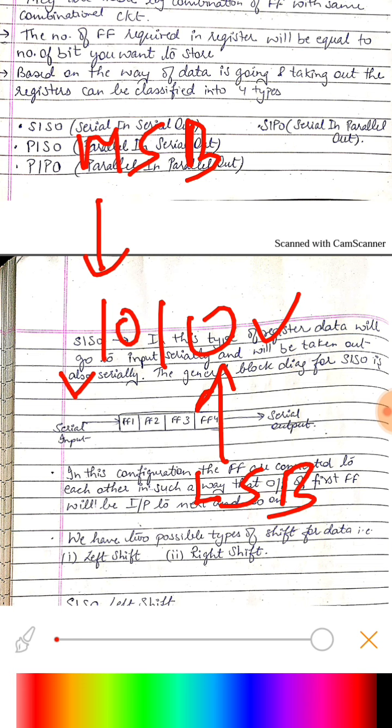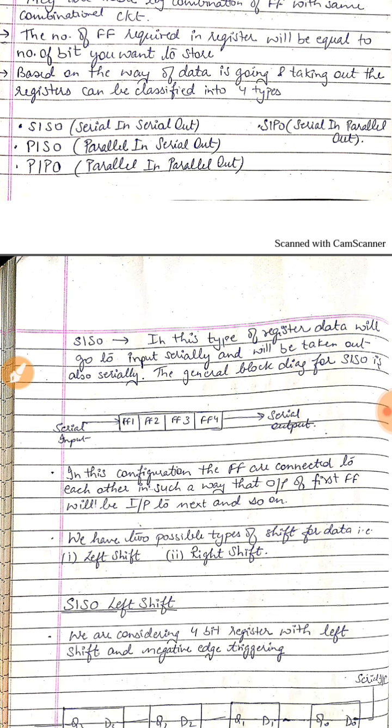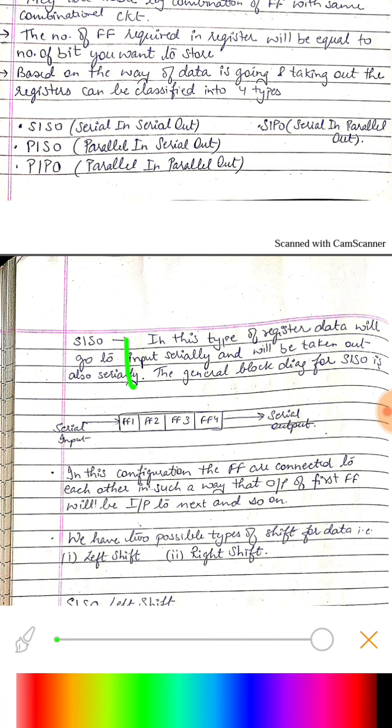So if we have 1010 and we feed data into the shift register from the MSB side, the most significant bit, then it will be a left shift register.